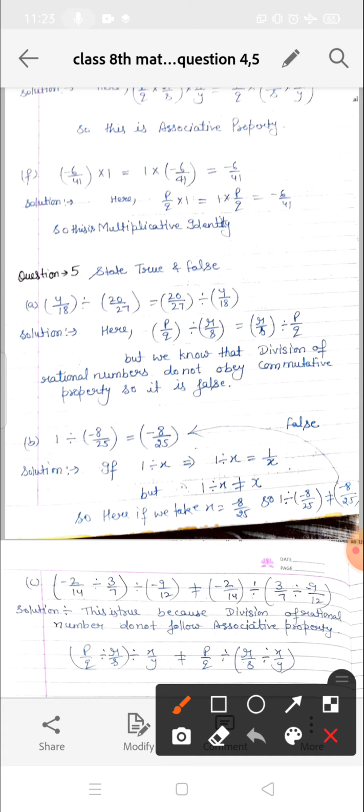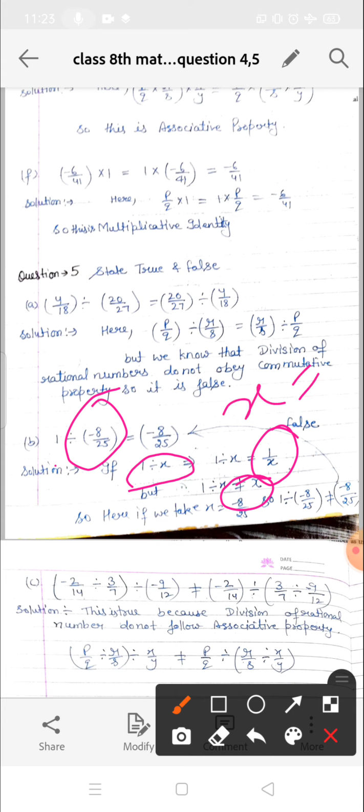Now we will move on to the B part. Now look at here. In case of B, 1 is divided by minus 8 by 25. So for this, look at here, if we divide 1 by a number x, then their result is equal to 1 by x, not equal to x, unless the value of x is equal to 1. If I put x equal to 1, in that case, the value will be equal to x.